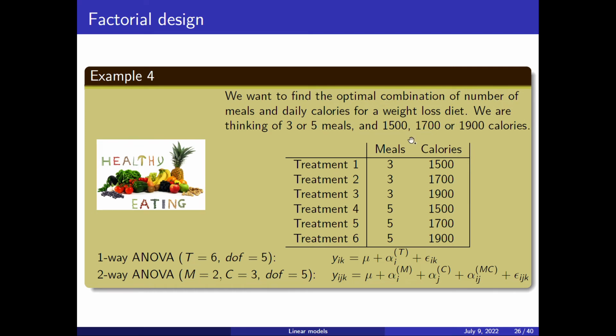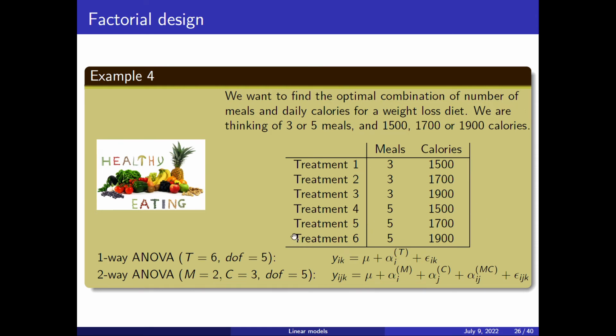You think of two levels for the number of meals, 3 or 5 meals, and three levels for the daily calories, and you could have all these possible combinations: 3 meals with this number of calories, 3 meals with that number of calories. In total you have 2 times 3, that is 6 possible combinations.